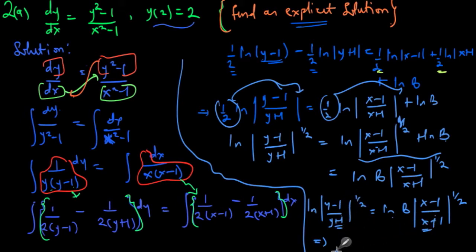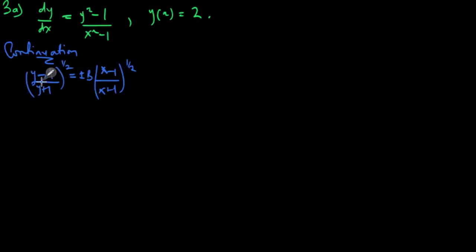So because of the absolute sign, what we have is (y minus 1)/(y plus 1) to the power half equals plus or minus b into (x minus 1)/(x plus 1) to the power half. So in continuation, we have (y minus 1)/(y plus 1) to the power half equals plus or minus b into (x minus 1)/(x plus 1) to the power half.